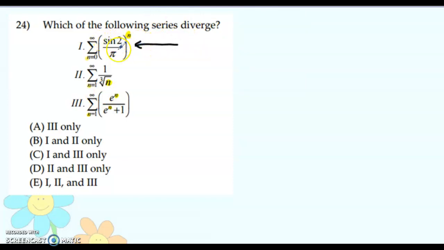We've got the sine of 2 over pi to the nth power. So this means it's exponential, and if it's exponential, we can look to see if we can write it as a geometric series. And sure enough, hey, if a sub 1 is 1, then this is our r value to the nth power.